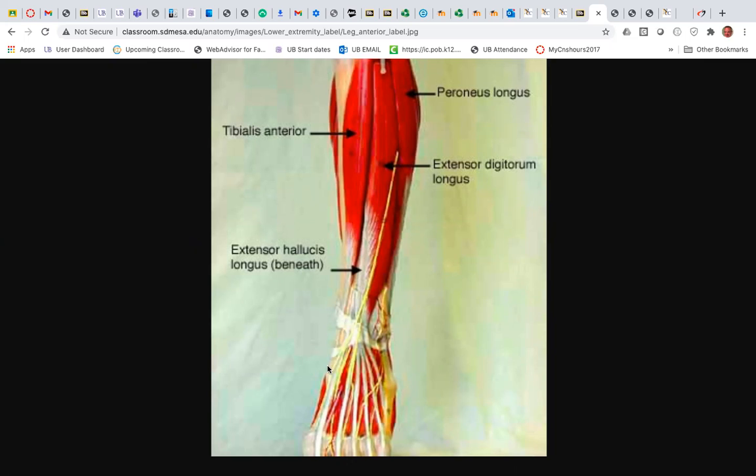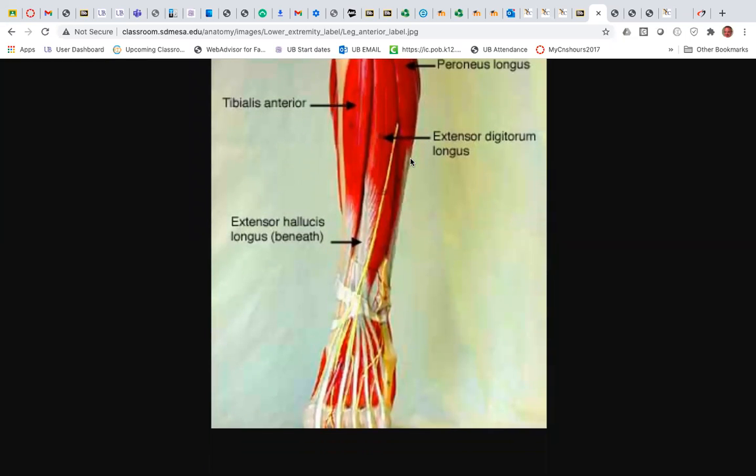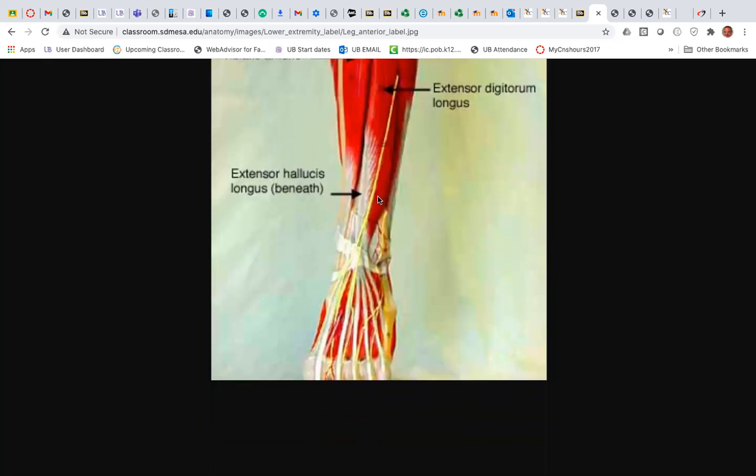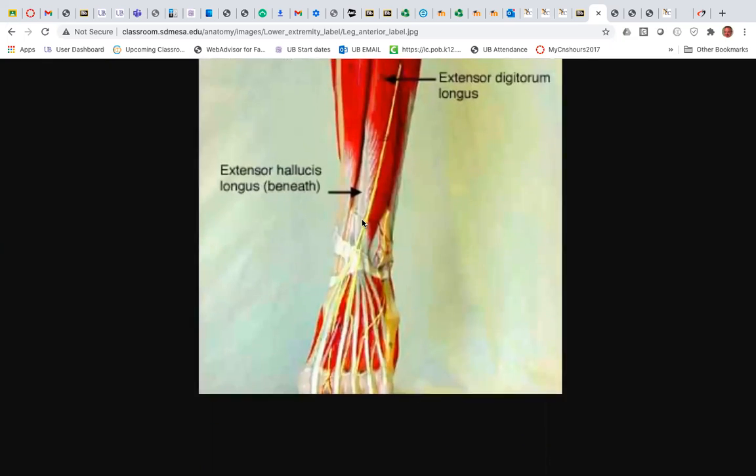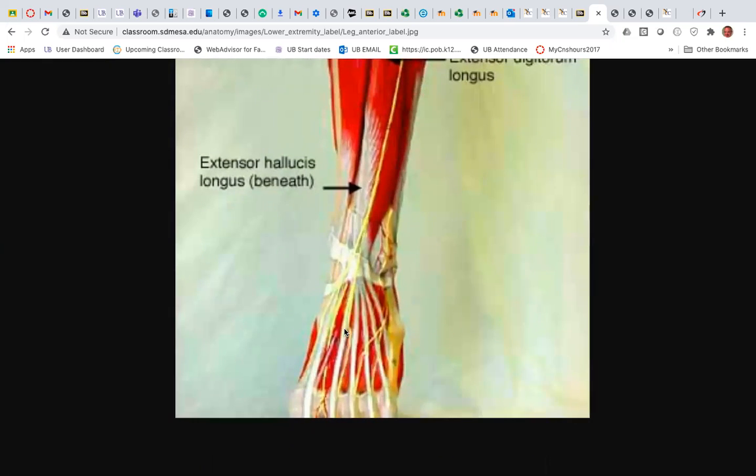Foot inversion is when your foot is planted on the floor and you roll your foot in, right? So that the outer side of your foot is on the ground, but the medial arch is lifted up. That's called foot inversion. In the front of the leg is the extensor digitorum longus. If we follow the belly of the muscle down, it will have tendons going to the second, third, fourth, and fifth toe.